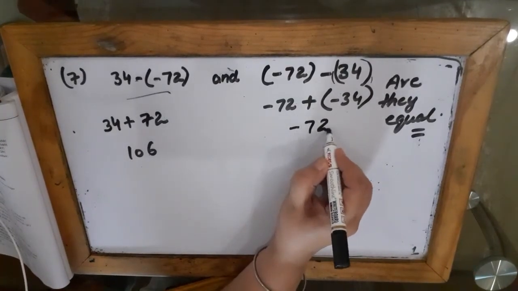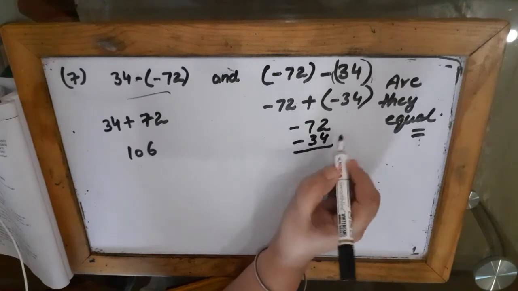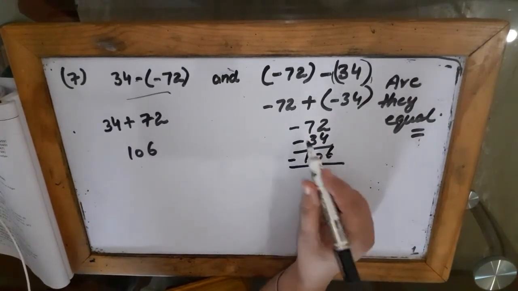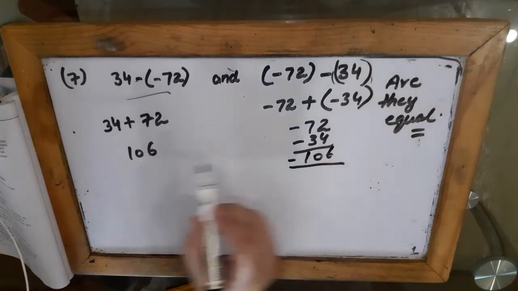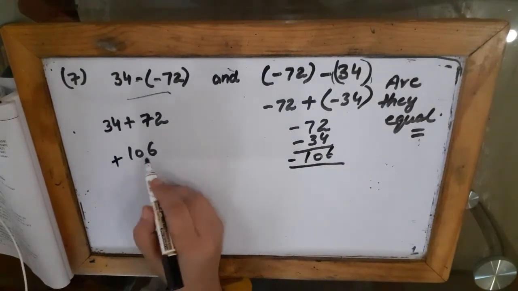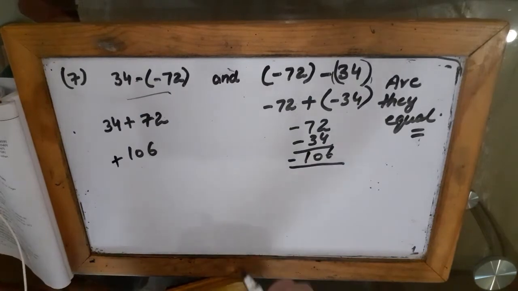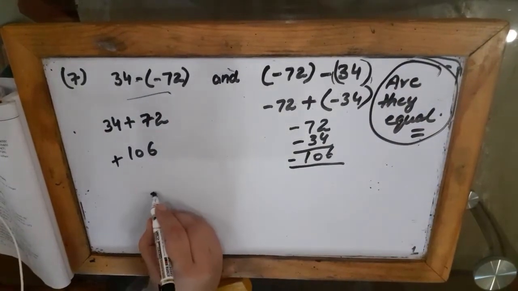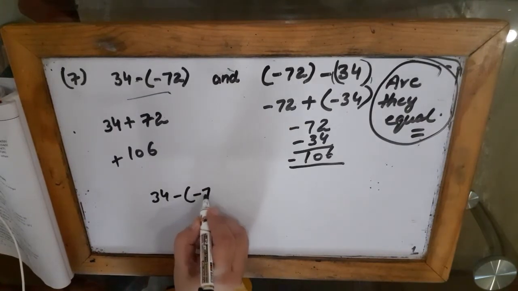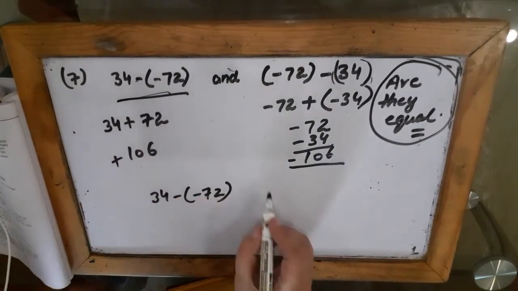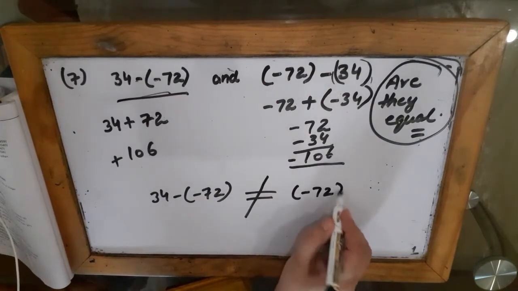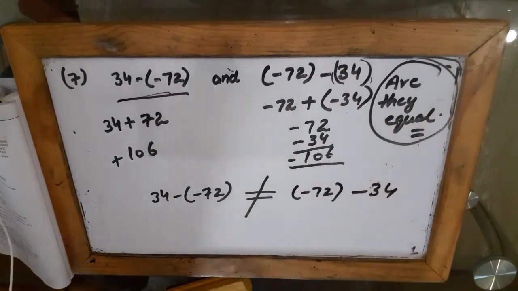Now here when I add, both the integers are negative, so my answer will be minus 106. Here I got positive 106, here I got negative 106. Are they equal? No, they are not equal. So I can say 34 minus negative 72 is not equal to negative 72 minus 34.